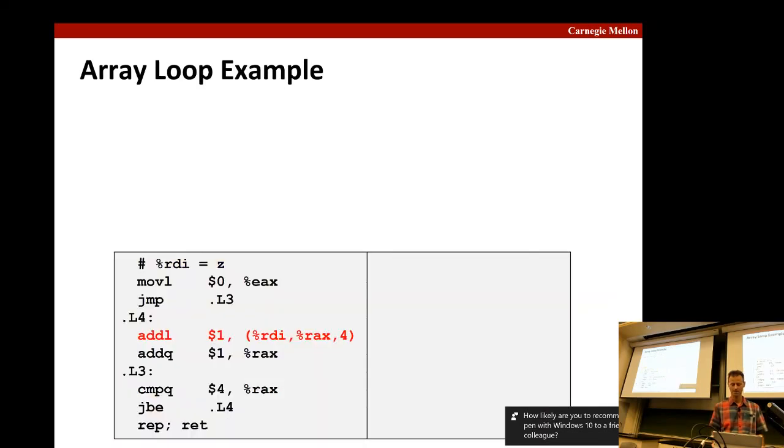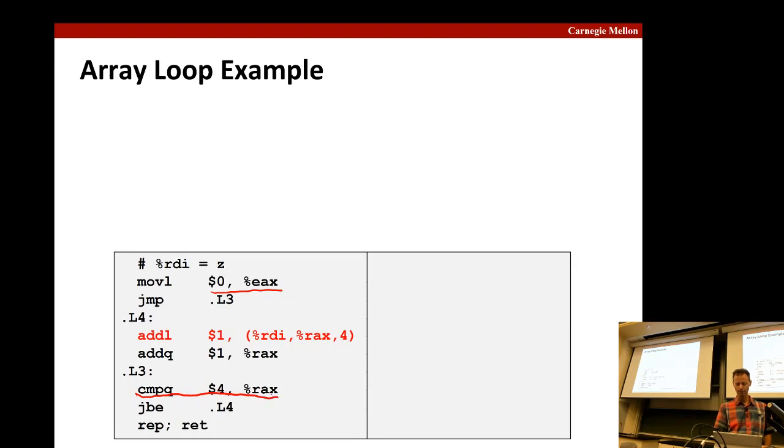Good. Okay, so let's suppose you have this loop. We're going to move 0 into EAX, and then jump here. We're going to compare 4 versus what's there, do this branch and come back up here, and then add 1 to this address calculation.